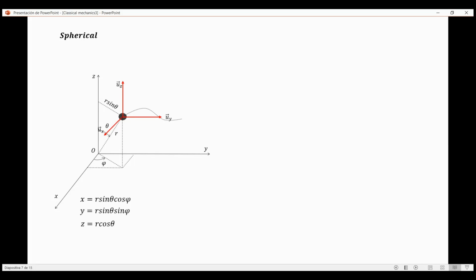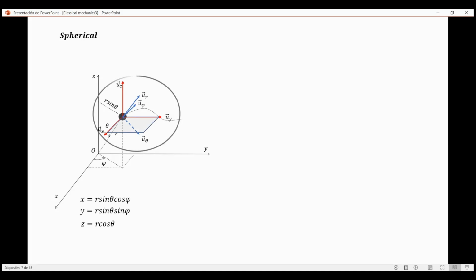We have the Cartesian unitary vectors, and we introduce an orthonormal basis of unitary vectors in spherical coordinates: ur in the direction where r increases, u theta in the direction where theta increases, perpendicular to ur, and perpendicular to both, u phi in the direction where phi increases.